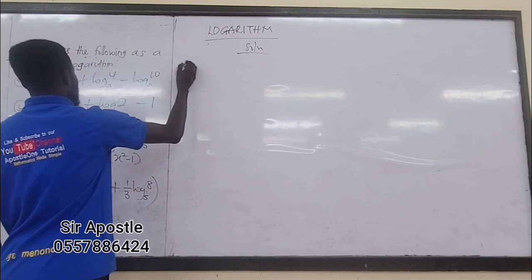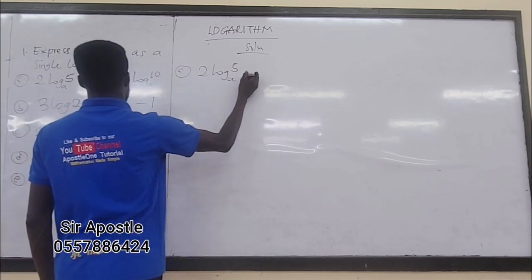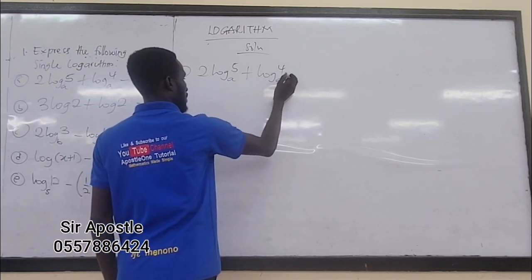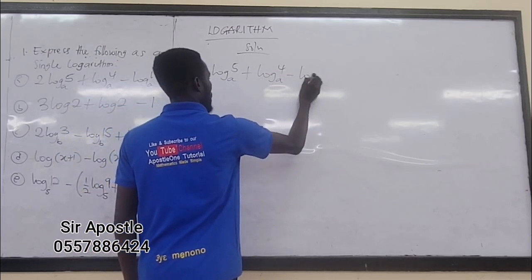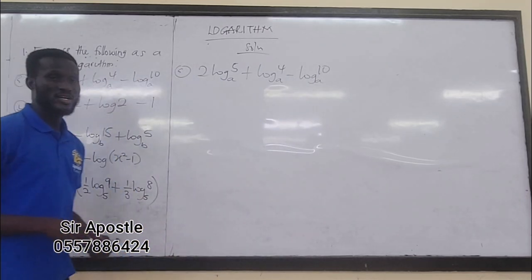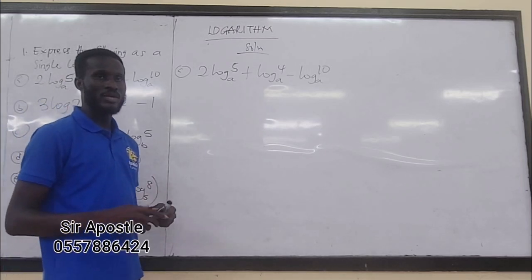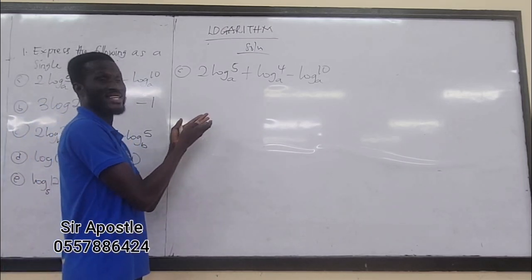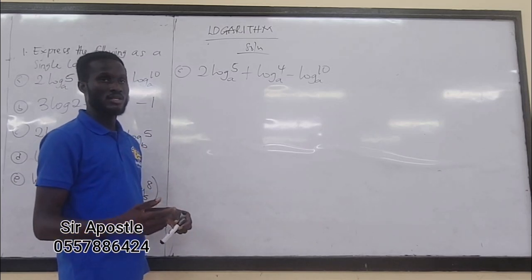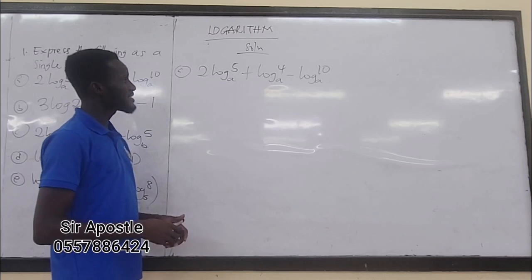We have a logarithm where all the bases are a. So this one is the expanded form. We have to solve this one in the form of a single logarithm, which means we have to compress it.